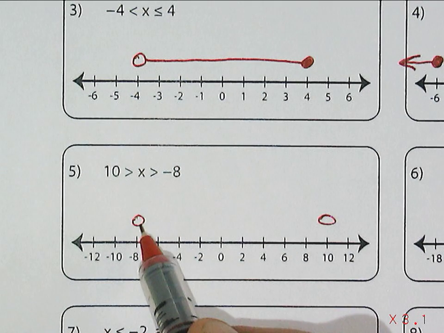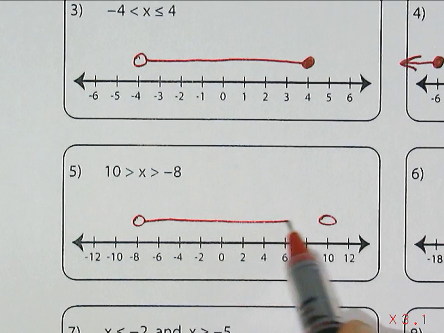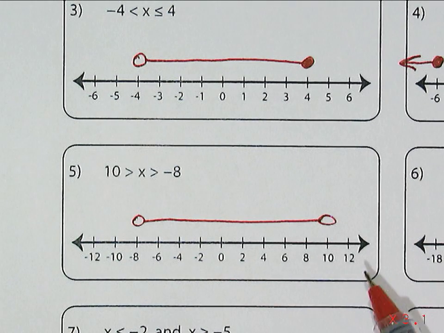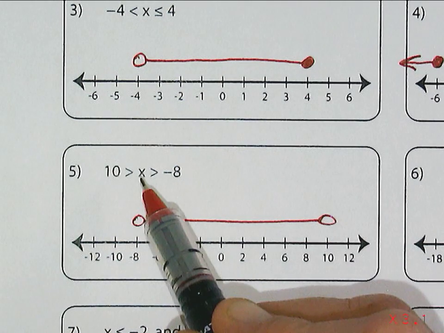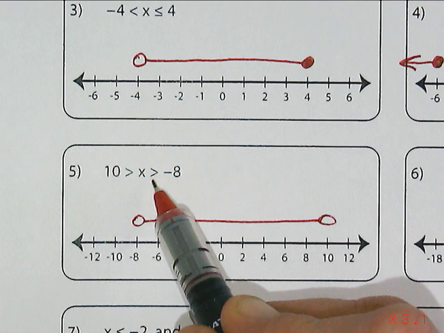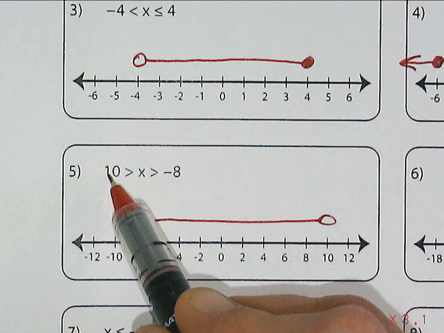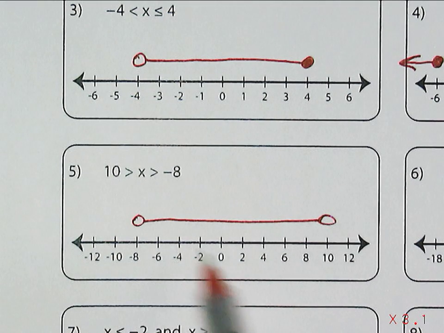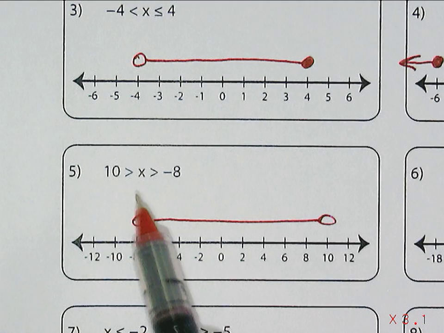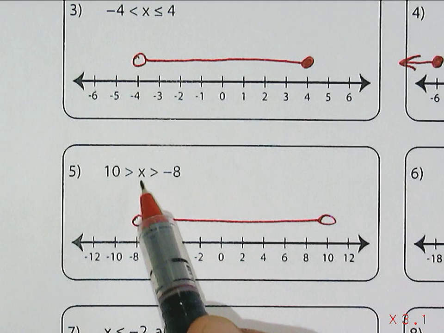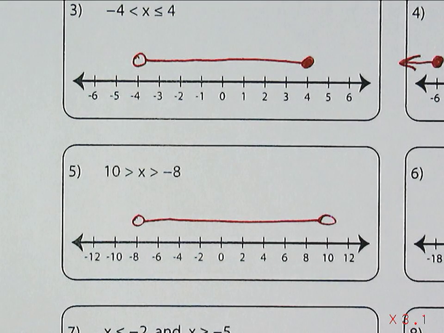So it's between -8 and +10. So when they're written like this, with the symbols this way, then it really is telling you that x is between these two places. And that's what it shows, x is between. So values of x that would make this true, like 0, is less than 10, but greater than -8.